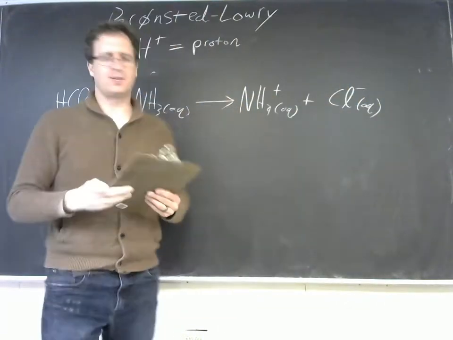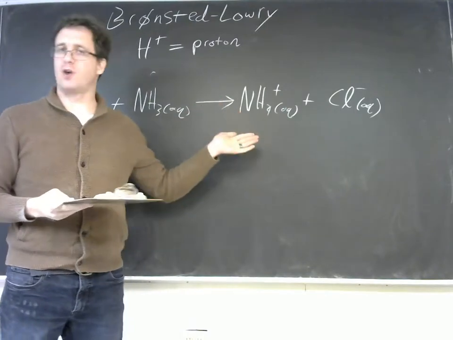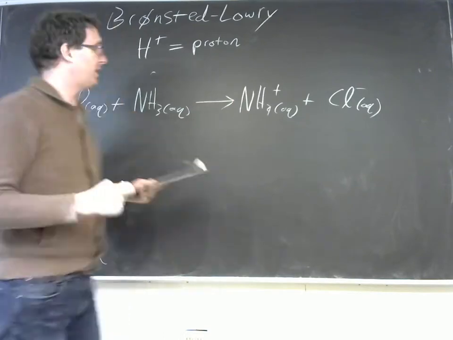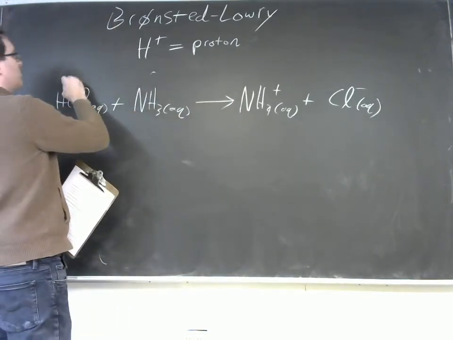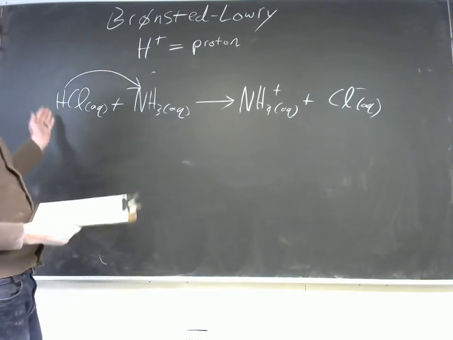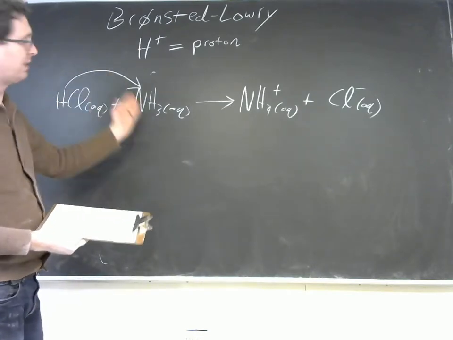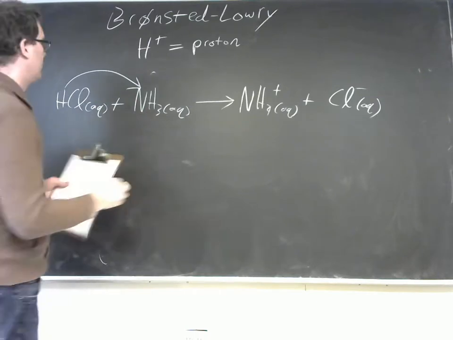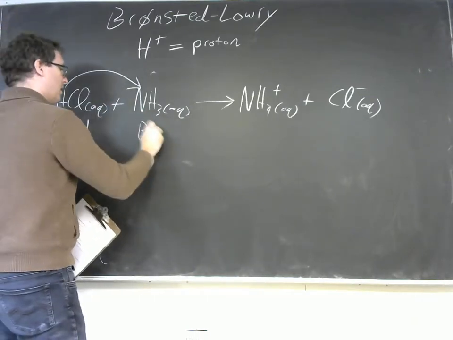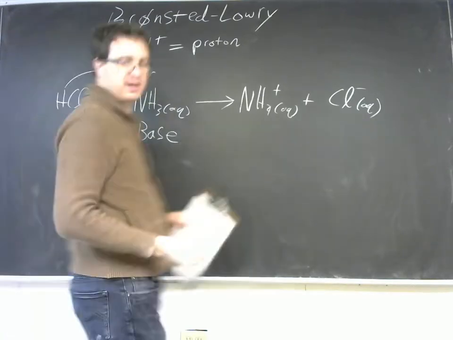So you'll notice this reaction didn't produce any hydroxide ion or any hydronium ion, but it is still an acid-base reaction because we still have an H+ being donated by the hydrochloric acid and accepted by the ammonia, and so we still have an acid and we have a base.